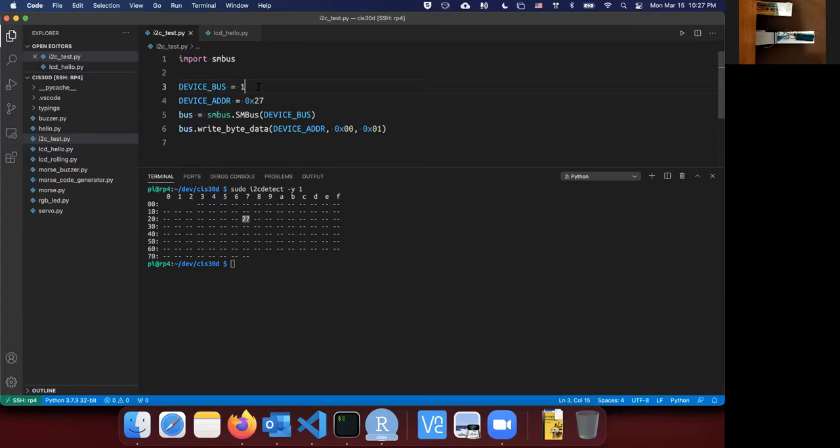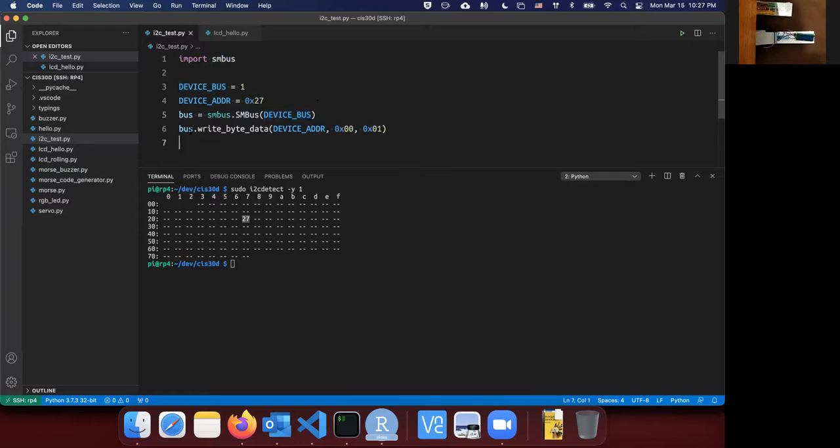Now, this little program here is a simple test. And this is using the SMBus library. SMBus we just mentioned in the lecture, in the slides, is the System Management Bus protocol, which is a subset of I2C. So you can use this to interact with your I2C device. So we first make an object of SMBus, given the bus number, which is 1, right?